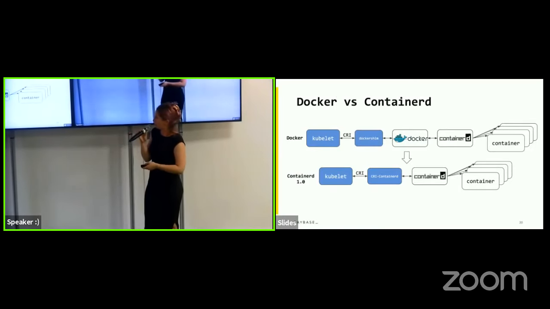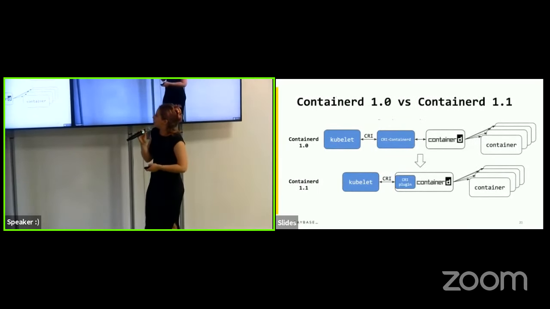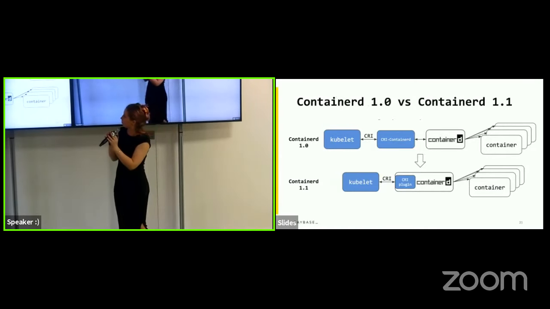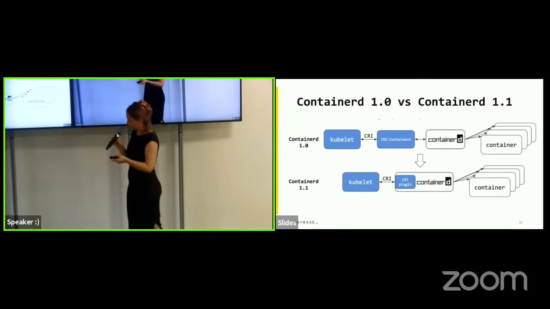Now I have also added Containerd version 1.1 because they're slightly different. In 1.1, the CRI Containerd component became a plugin, and that allows for much better performance and lower latency.